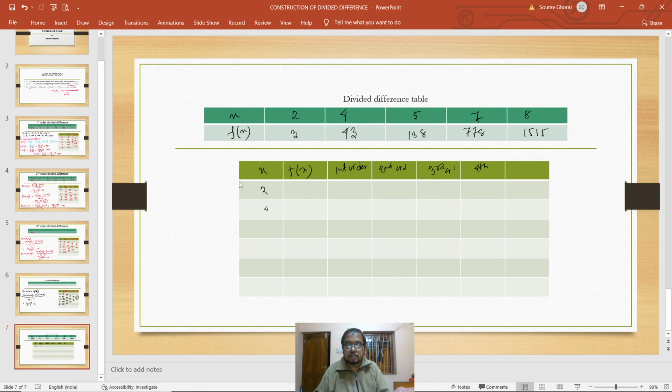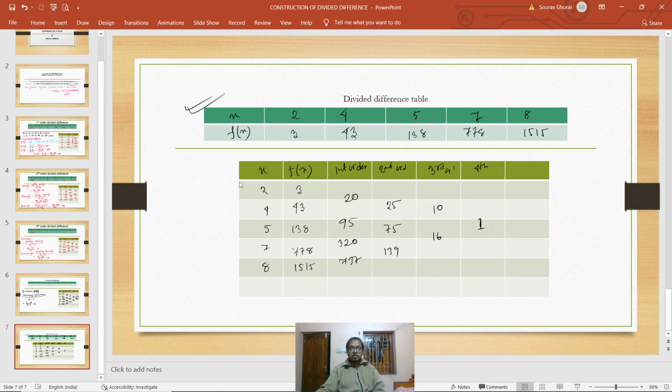So here just write the values in table format. This is the final table: 20, 95, 320, 737. Next this is 25, 75, 139. This is 10, this is 16, and this is 1. This is the final divided difference table for this set of values.